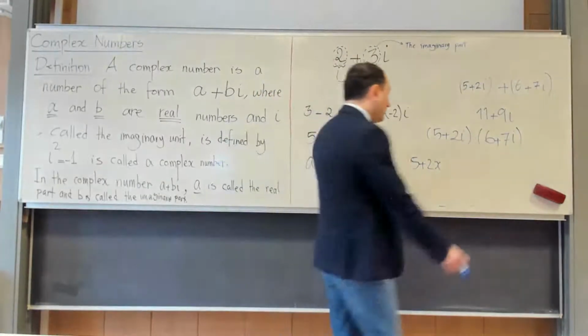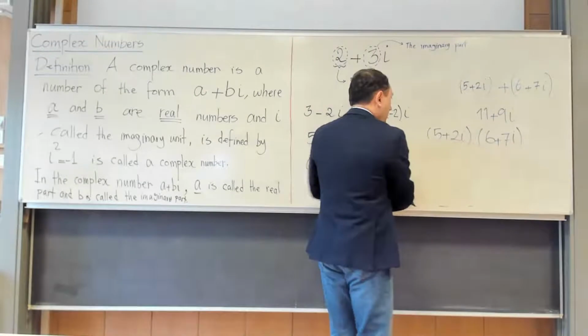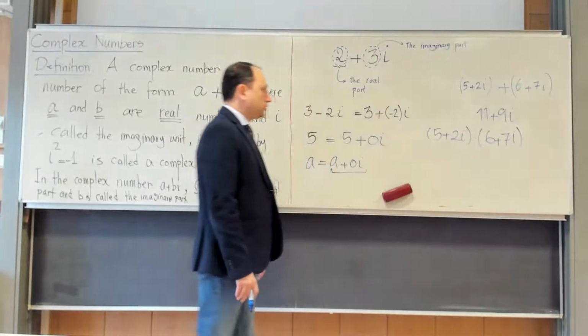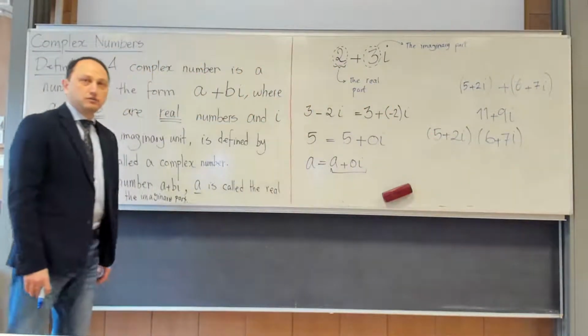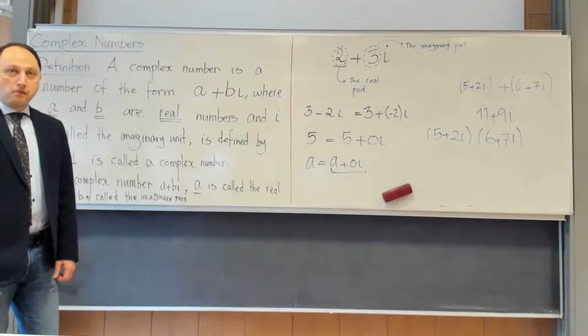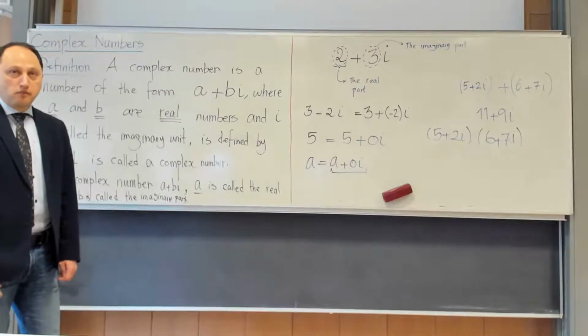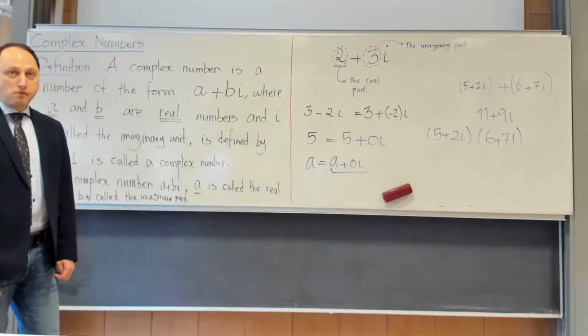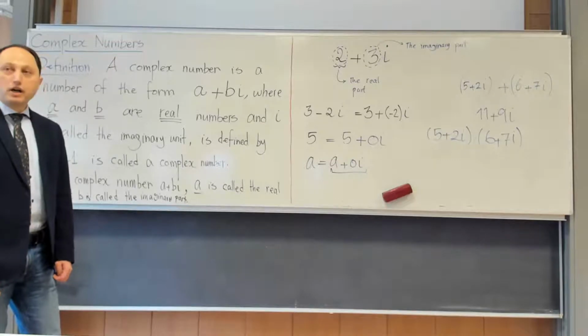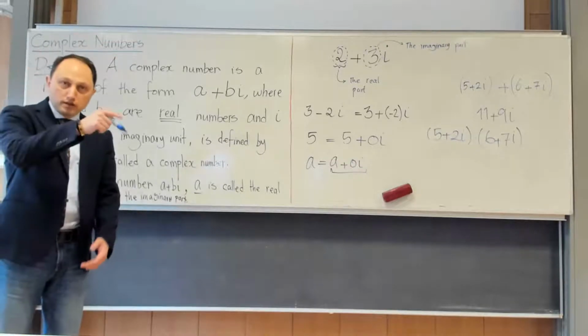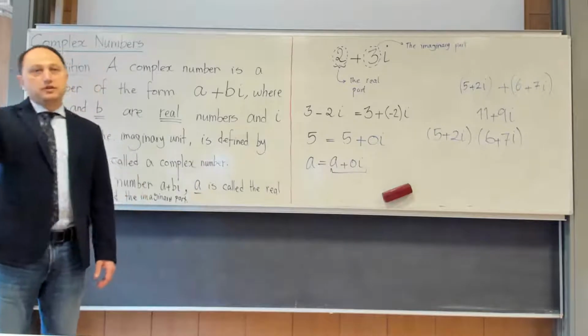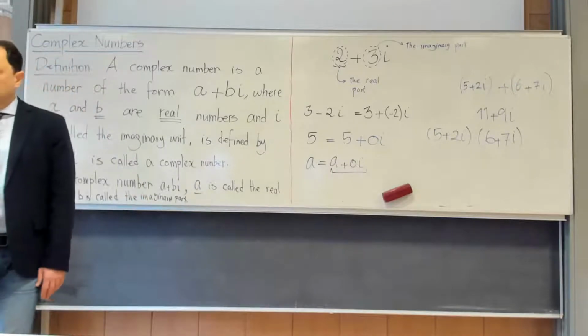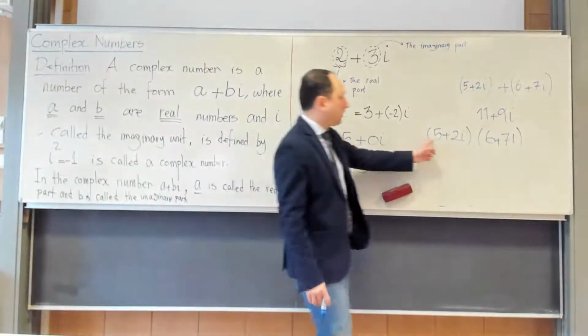What happens if I want to multiply it? What is your suggestion? How should I start? Multiply 5 times 6. And then? Then 2i times 7i. Correct. I want to multiply every term by every term. That's it. So I multiply 5 by 6.